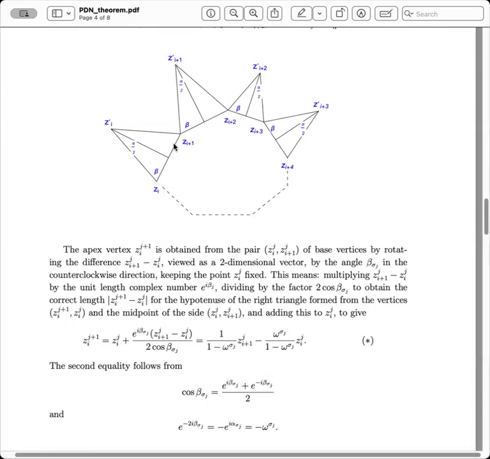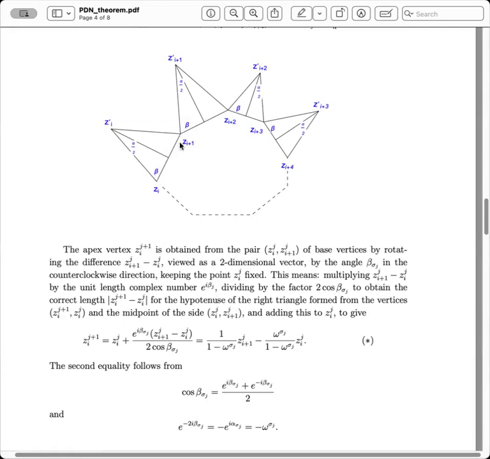So we take this base side, rotate it through beta to place it along the hypotenuse of this triangle, keeping the vertex z_i fixed. So in terms of complex numbers, this means taking the difference between the complex numbers z_{i+1}^j and z_i^j and multiplying it by a unit length complex number, e to the i beta_j. That has the effect of rotating by the angle beta_j.